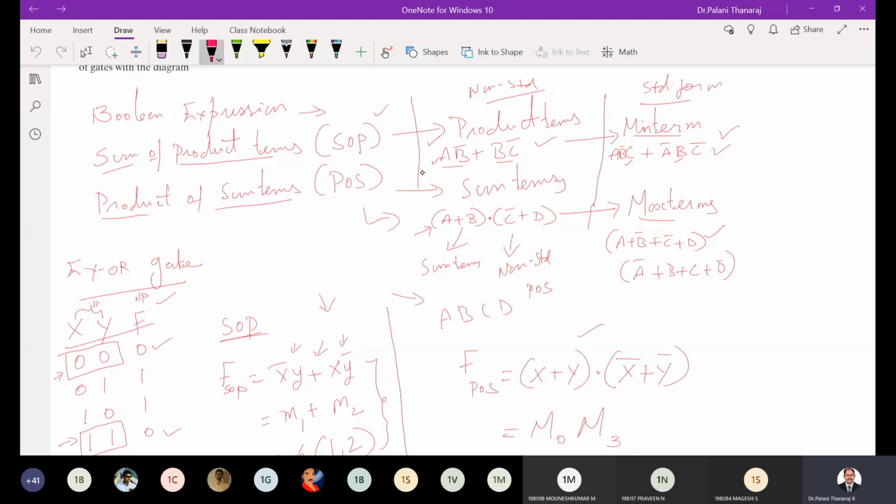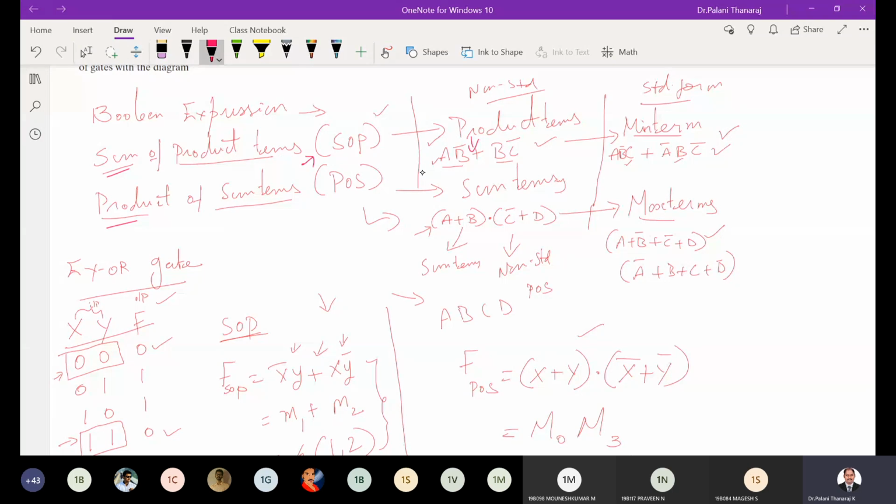A Boolean expression can be written in two forms, either SOP form or POS form, and this is what we are trying to discuss. There are two forms I have, non-standard and standard form. In SOP, the product terms are combined by Boolean addition.